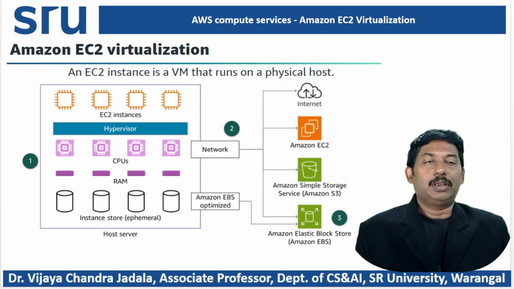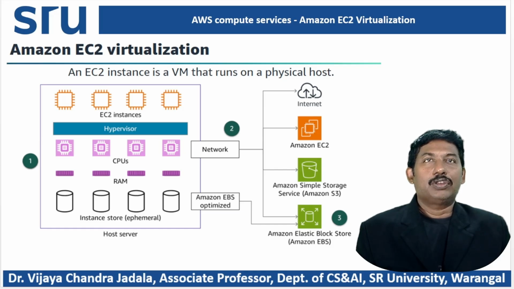So at step 1, it will accept the instance, where on this instance you can place any operating system such as Linux or Windows operating system, and this EC2 is connected through network, majorly through virtual private cloud VPC, where you are going to have the security, where the network connection is associated with security groups and security keys.